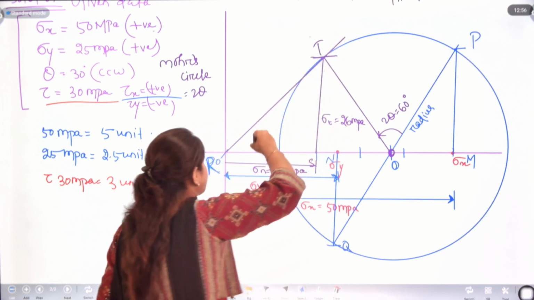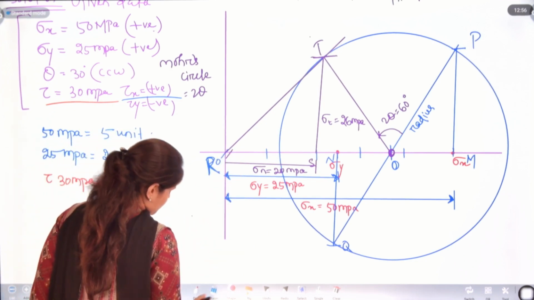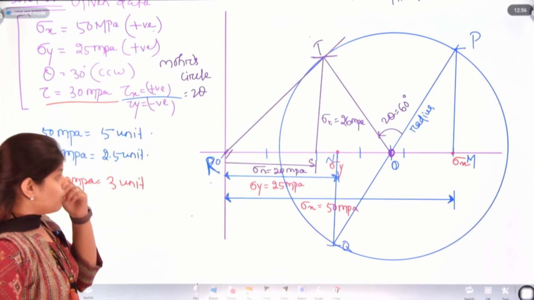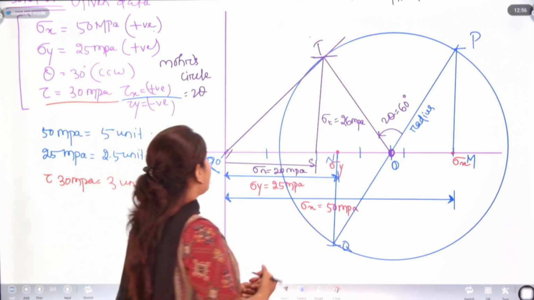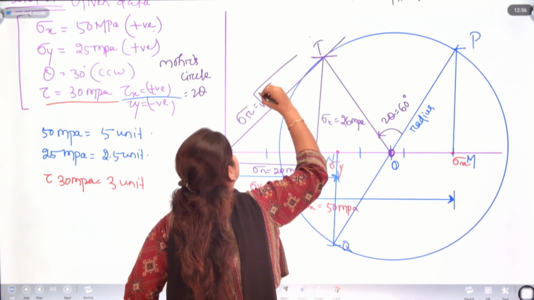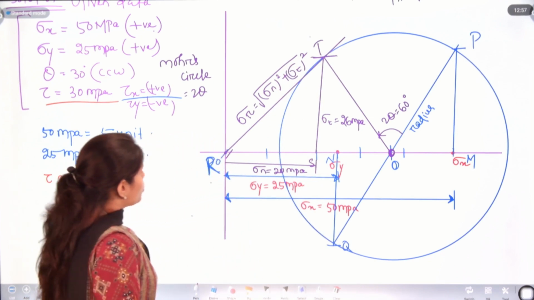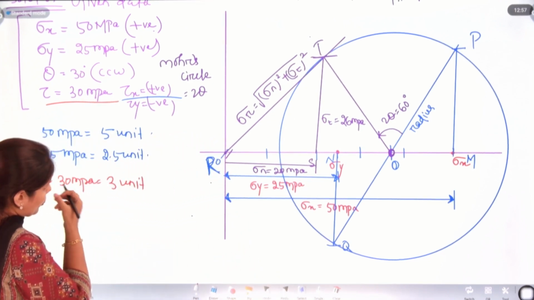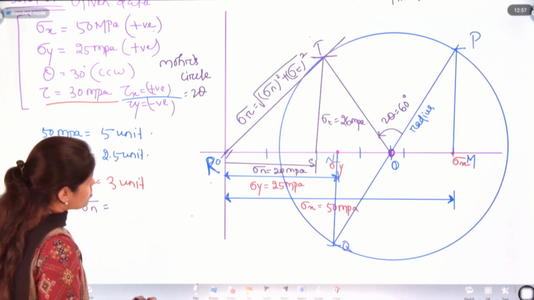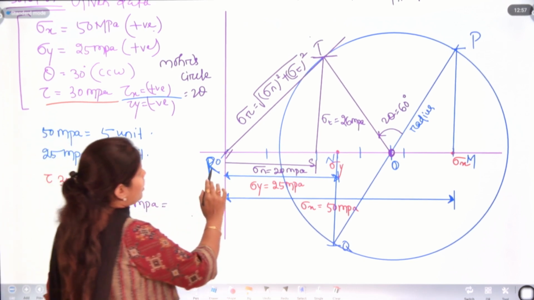Okay. Let's draw the resultant stress. Always the resultant stress will be drawn from this point, the x and y axis point. Okay, from this point R. So now we have sigma n, sigma t and sigma r. Sigma r is the root of sigma n square plus sigma t square. So we can write sigma n, that is the normal stress, 20 megapascal. It will be your RS.